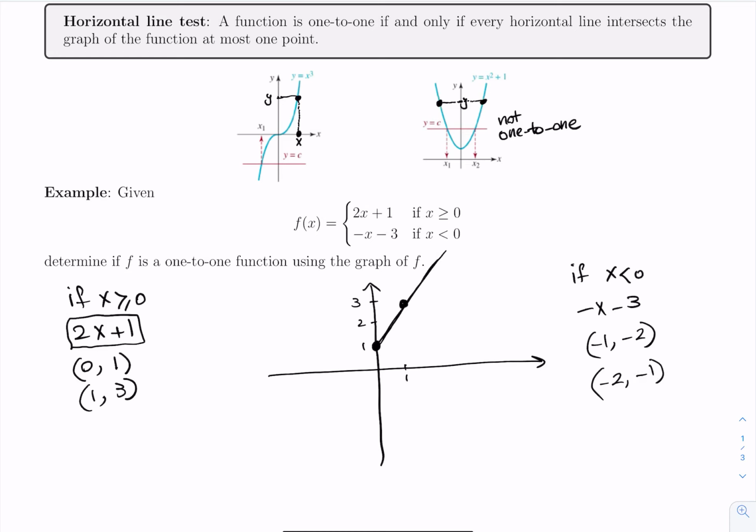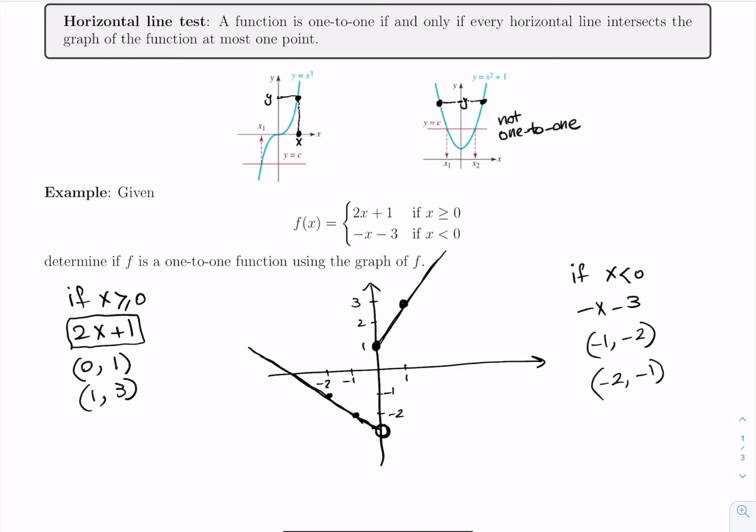Negative 1. So I have the point negative 1 and negative 2, negative 2 and negative 1. Now, when you sketch this part of the graph of the piecewise defined function, keep in mind that this includes all x which are less than 0. So you need to consider all the real numbers which are less than 0.